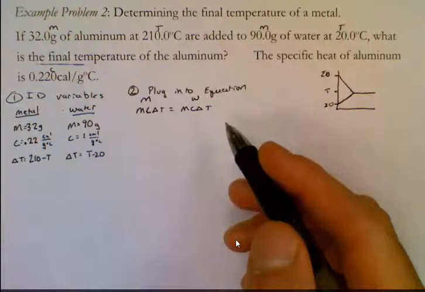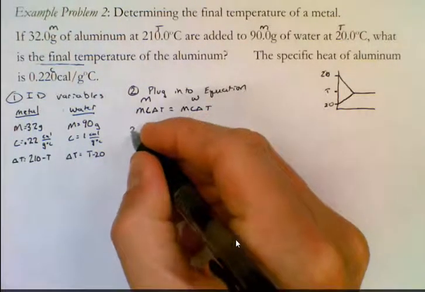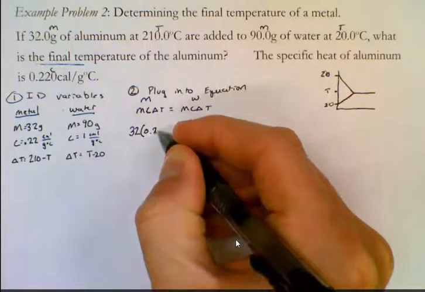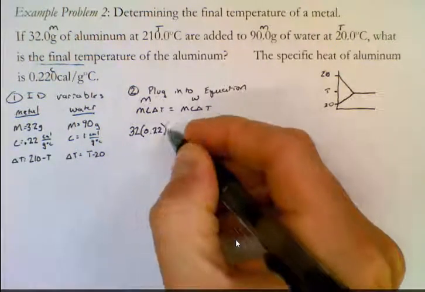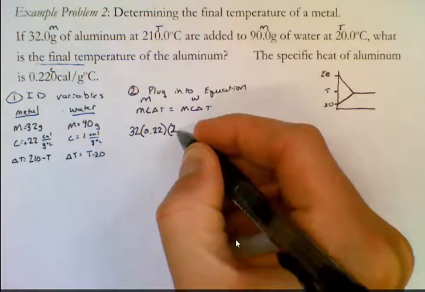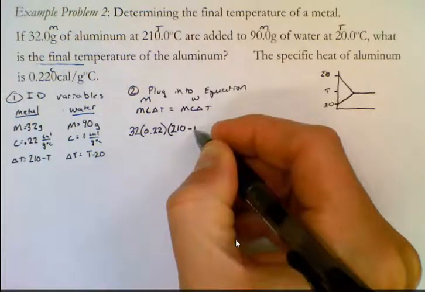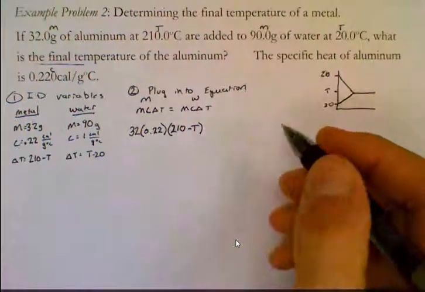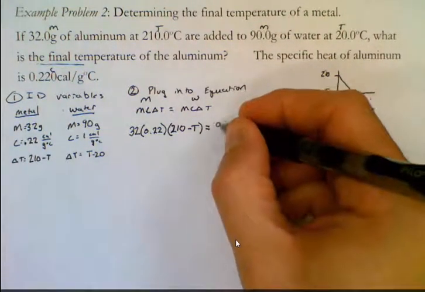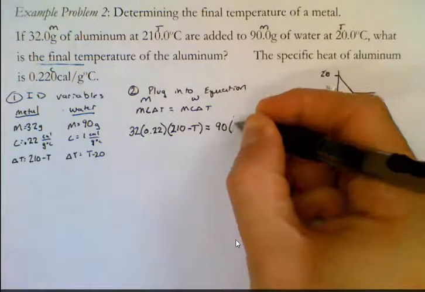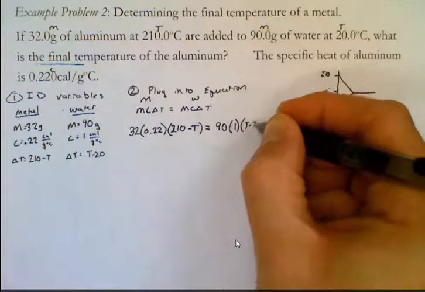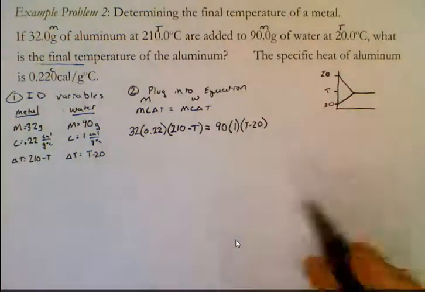I'm going to substitute my values in. 32 times 0.22 times 210 minus T. And that's going to be equal to 90 times 1 for the specific heat of water times T minus 20. So we're trying to solve for T.